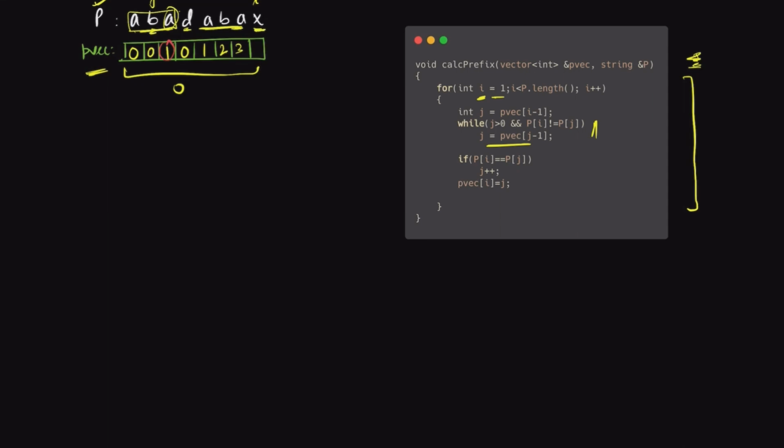No. That means again you will do j minus 1, and that will move your pointer to the 0th index, and now this loop will yield 0 in place of x. So this is how you will compute your prefix function.